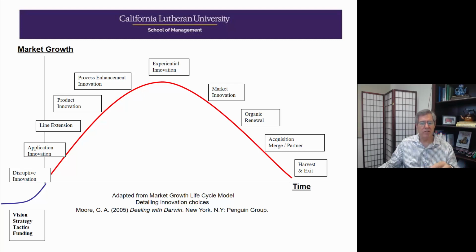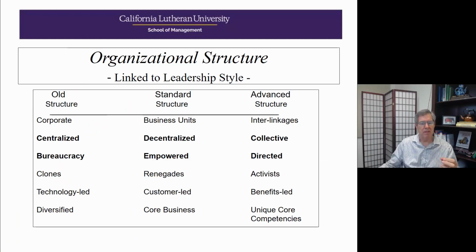When you reach the top of the curve, the market is mature. Then you start coming down the right-hand side, you need more market innovation, and probably by this stage, halfway down the right side, you're going to need organic renewal or to find a new partner. If you don't do this in time, then you need to harvest and exit the industry. So depending on where you are within this continuum, you would change the type of structure or organizational design.